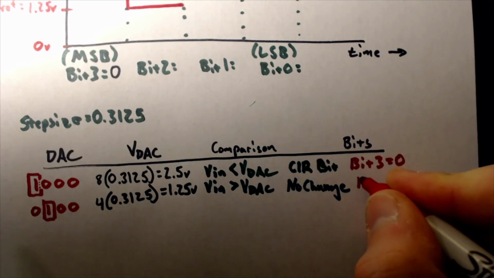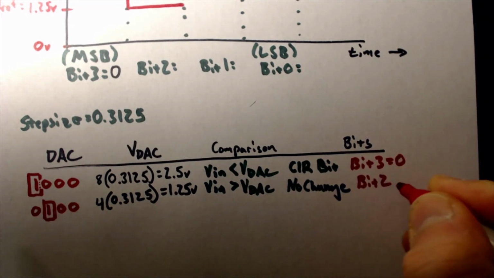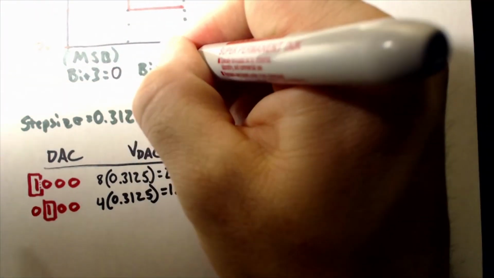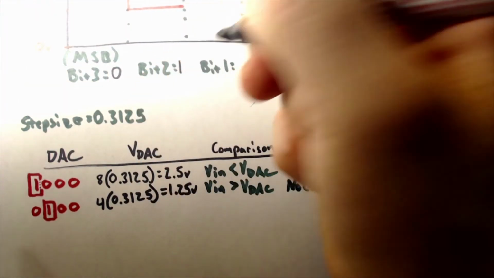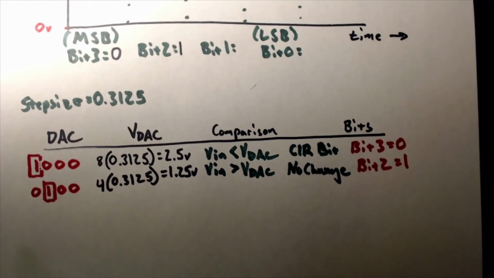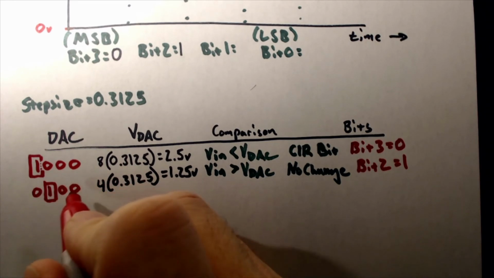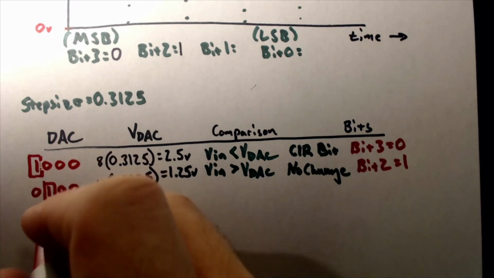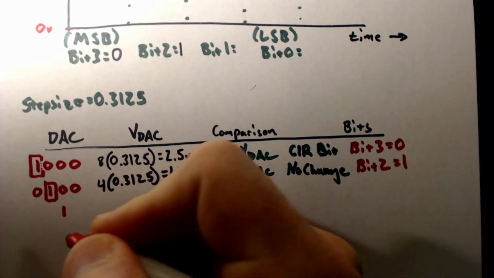Bit 2 is equal to 1. Okay, now the next bit of interest that we need to find is bit 1. That bit gets set.